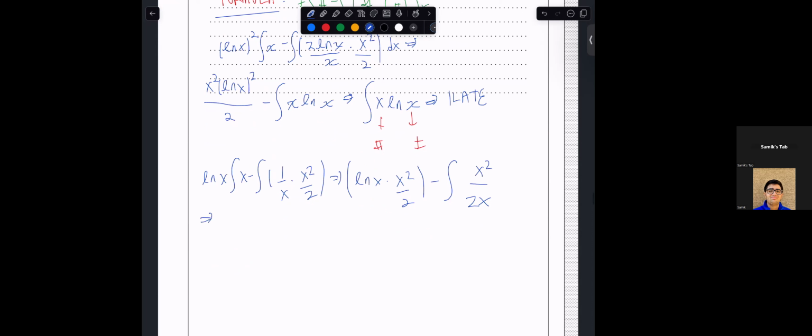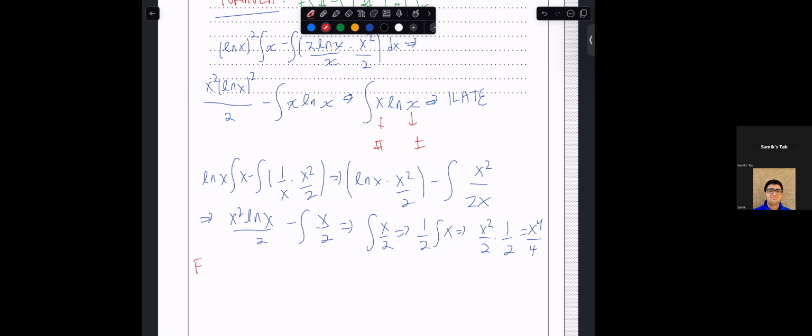Now this will become x squared ln x upon 2 minus the integral of x upon 2. So the integral of x upon 2 is simply, you can remove the half and we can have x squared upon 2 into half, which is x to the power 4 upon 4.